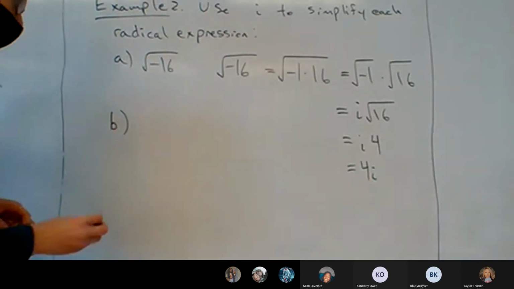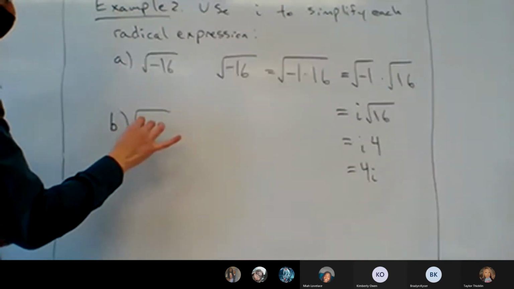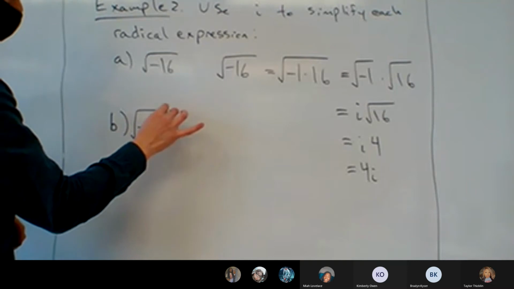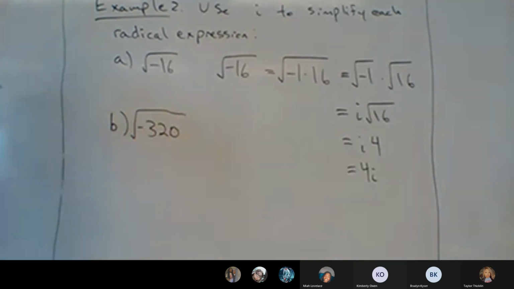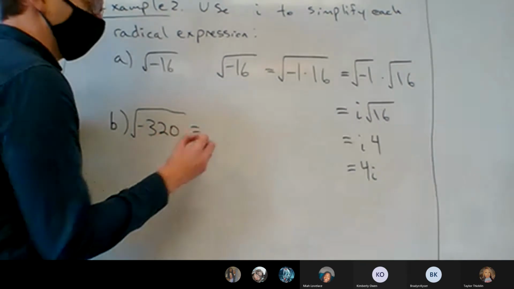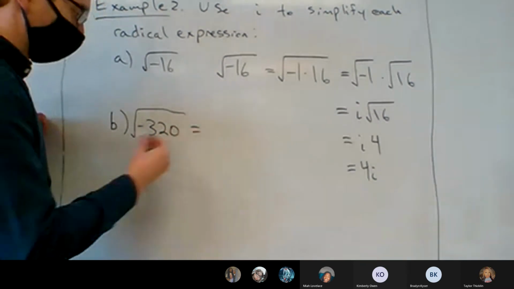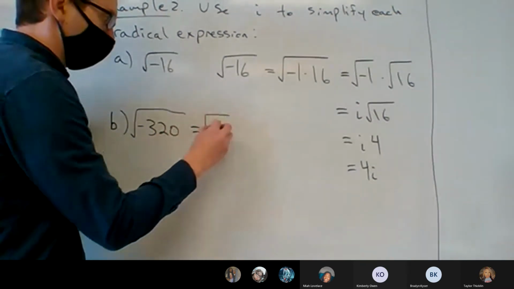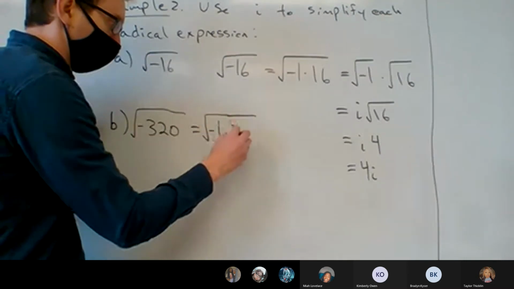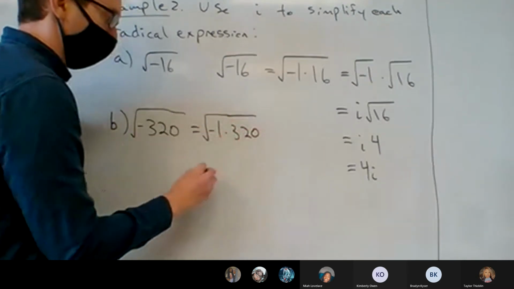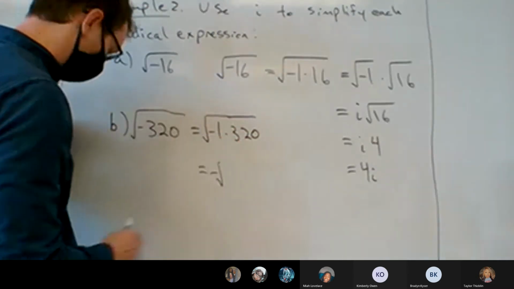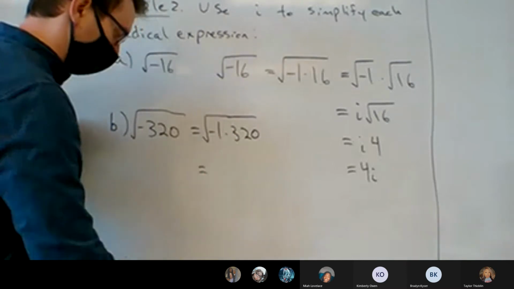Okay, let's try the square root of negative 320. Well, we simplified this earlier. So I'm going to just pull off the negative. Not even going to think about the square root of 320 yet. Whoops, the negative is inside.